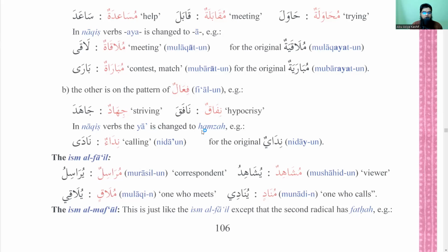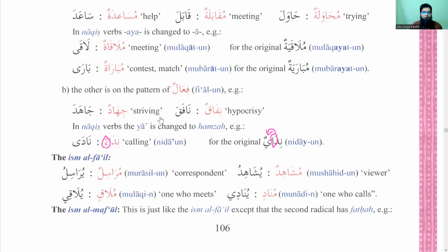In the naqis, the ya is changed to a hamza. And this nada, it was literally nidayun. Nidayun will be changed to a hamza. The sarf rule: if the weak letter is at the end, after an alif, you change it into a hamza.